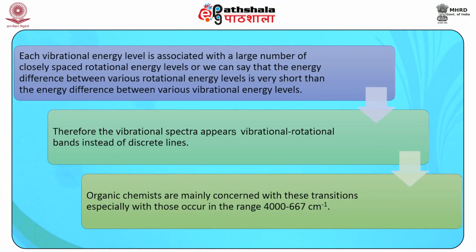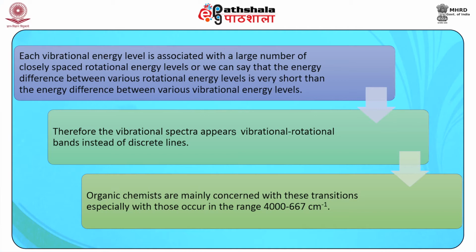Now, each vibrational energy level is associated with a large number of closely spaced rotational energy levels, or we can put it like this, that the energy difference between various rotational levels is very short than the energy difference between various vibrational levels.